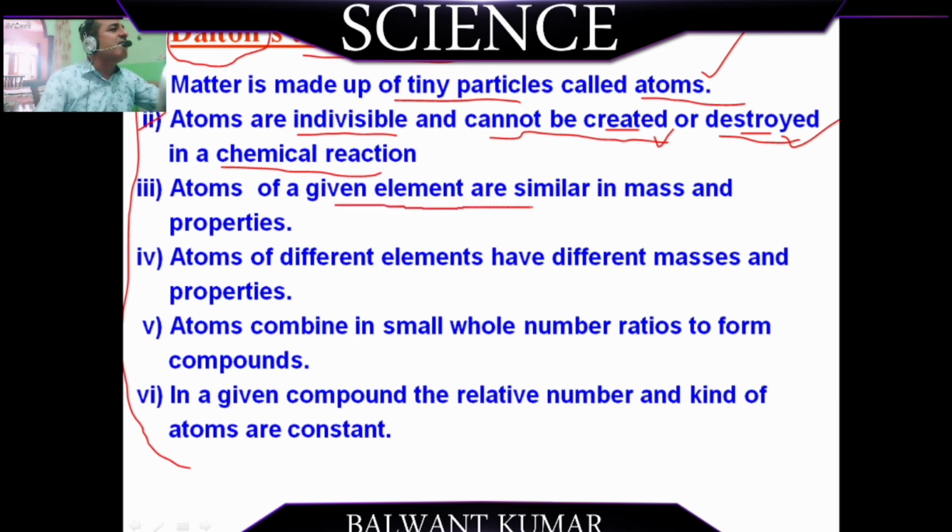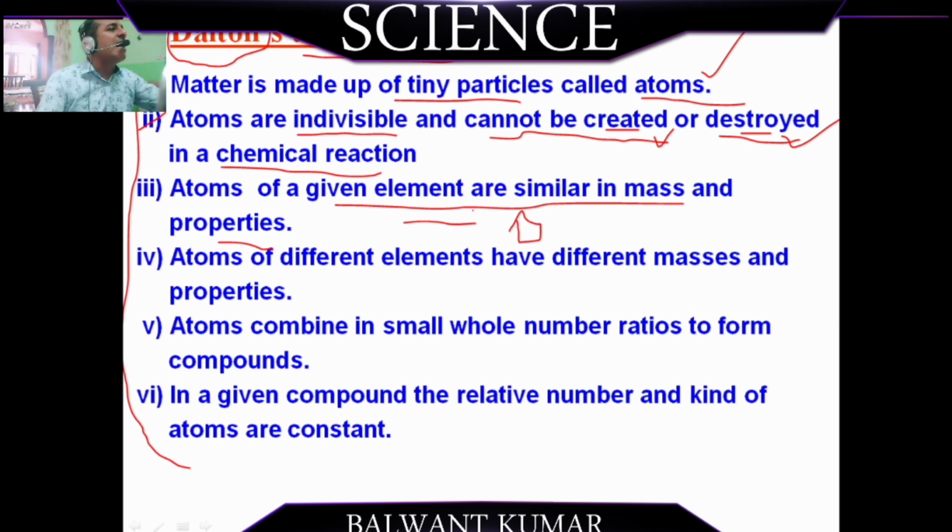Then, atoms of a given element are similar in mass and properties. Suppose you collect some samples of iron in the form of an iron bar, and you have a rectangular piece of iron. You study the atoms of iron in this iron bar as well as in this piece of iron.